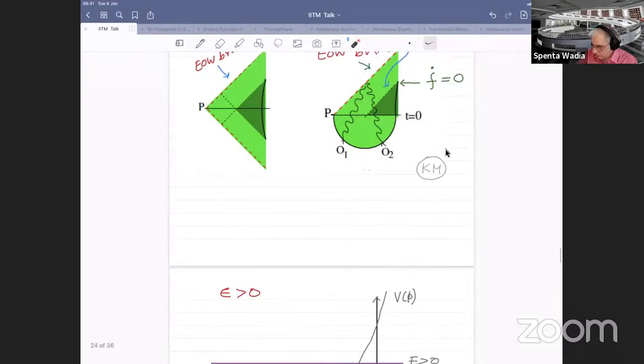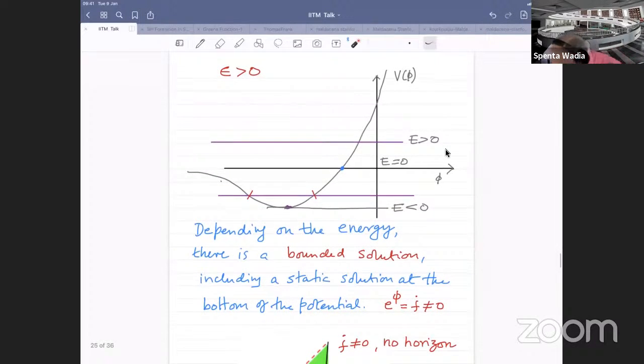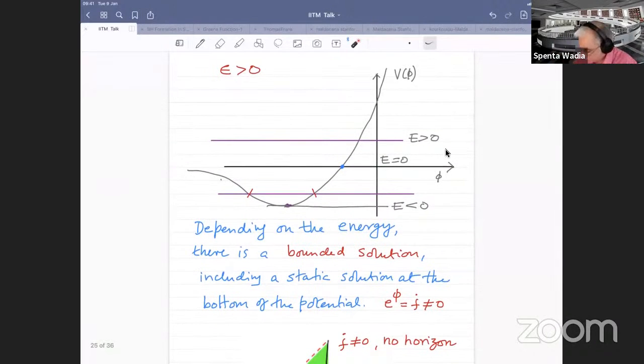All right. Now, what about the parameters when epsilon is positive? When epsilon is positive, clearly this potential has very different properties. It has topologically different properties. Firstly, it hits a 0 over here. The potential always has a minimum for any value of epsilon, more or less.